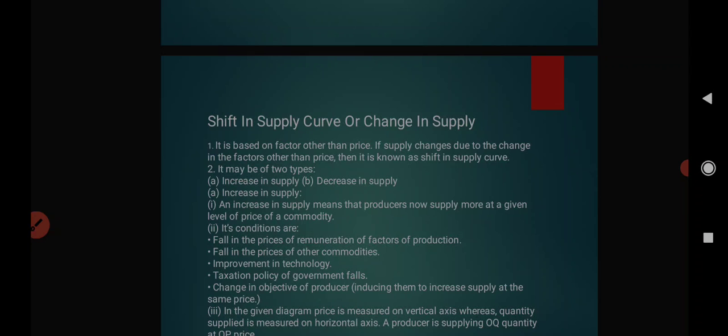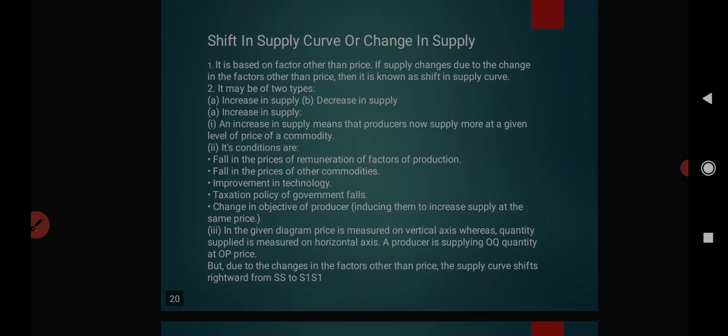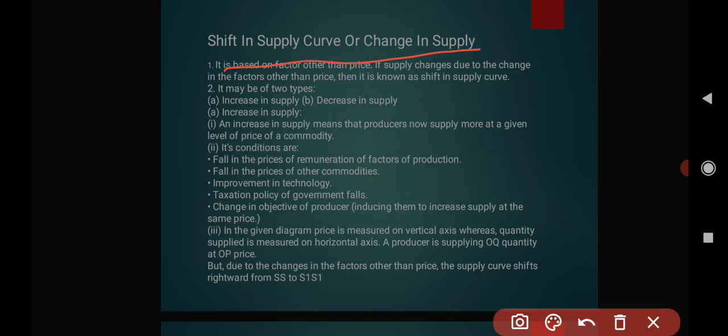Shift in supply curve, a change in supply. Shift in supply curve or change in supply occurs due to change in factors affecting supply other than price.